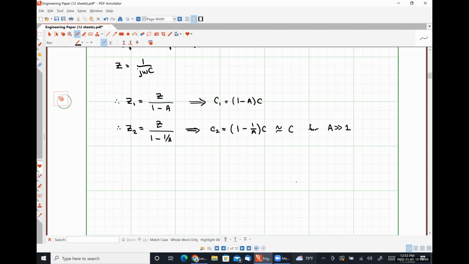All right, so now we're going to look at our frequency response of our single stage op amp.